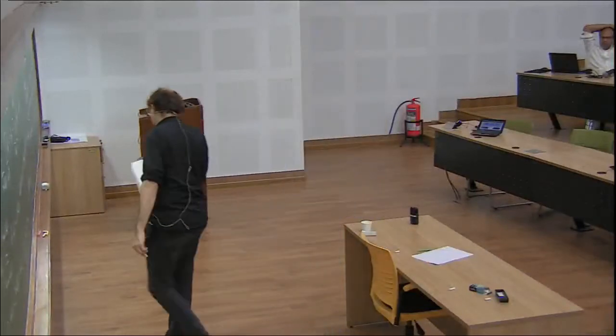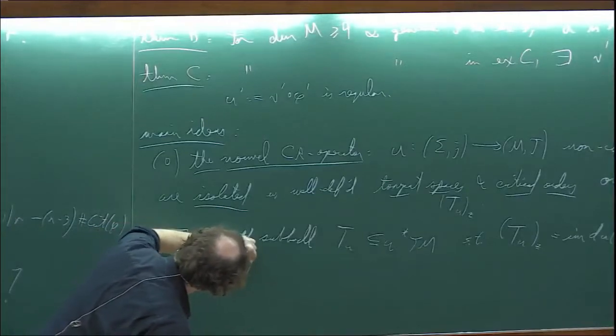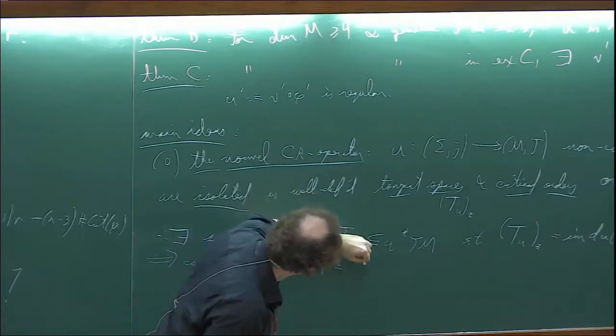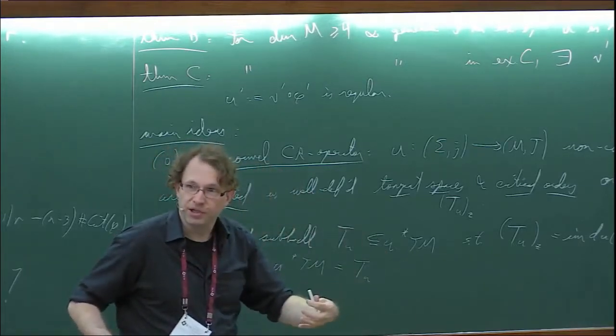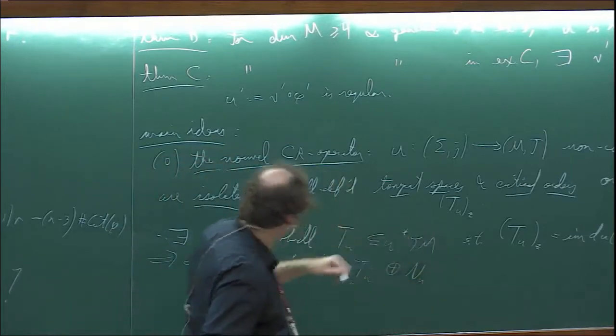It means we can split this pulled back tangent bundle into the bundle of tangent planes T_u plus something that I'll call the generalized normal bundle N_u over Sigma of your curve.